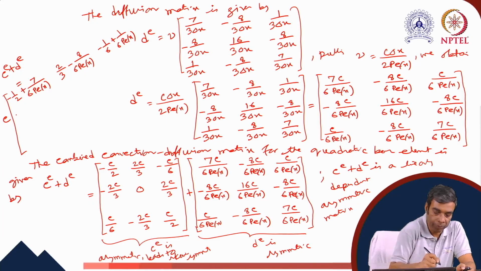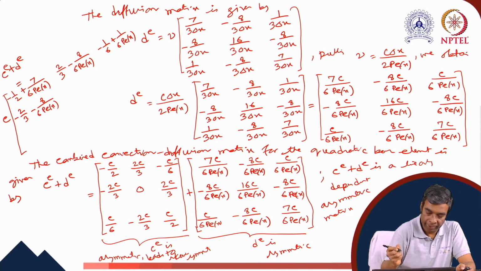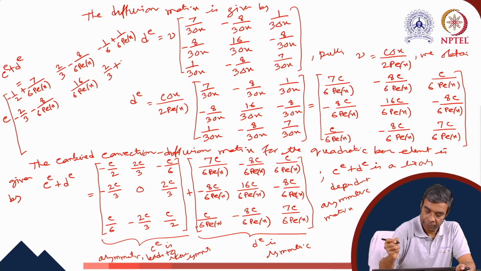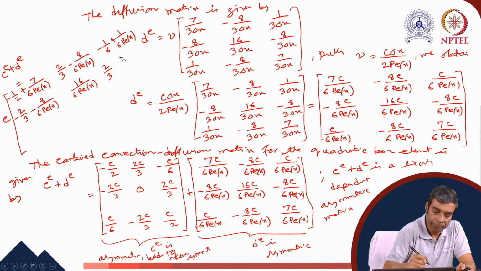In the second row we have minus 2/3 minus 8 by 6 Pex. Then in the middle term we have 16 by 6 Pex, no convection contribution, and minus 8 by 6 Pex. In the third term we have 2 by 3 minus 8 by 6 Pex, minus 8 by 6 Pex.